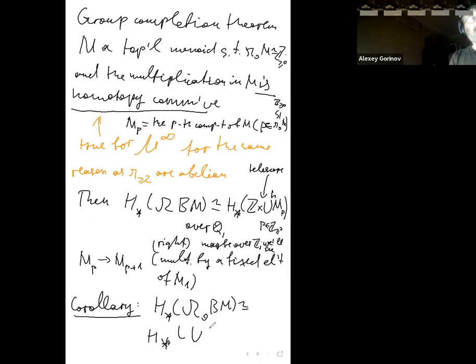Then we get just the union of the spaces M_P on the right, and on the left we have the homology of the component of the unity of the loop space.